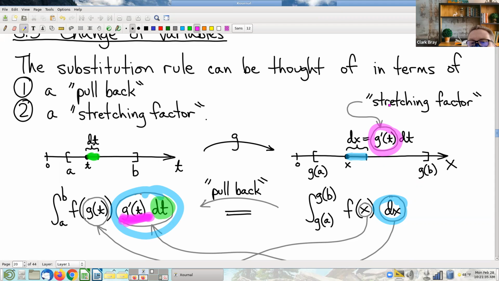It's what I like to call a stretching factor, because that little dt interval in the domain, in what g does to it, as it's moving over, gets kind of stretched out, perhaps to bigger. And by the way, it could be smaller, right? Maybe g prime is less than 1, and it's getting squished or whatever. But whatever it is, it's the number that you multiply by input size to get output size. So, calling it a stretching factor.